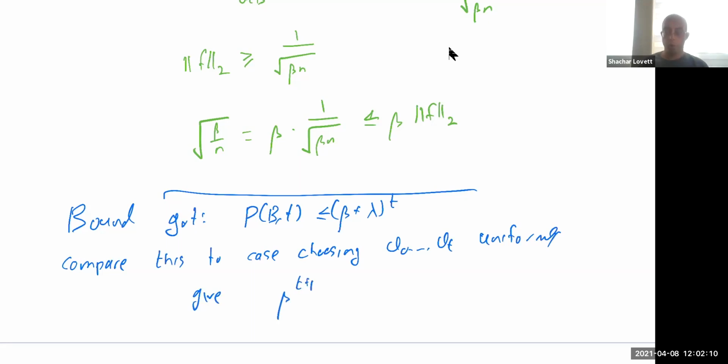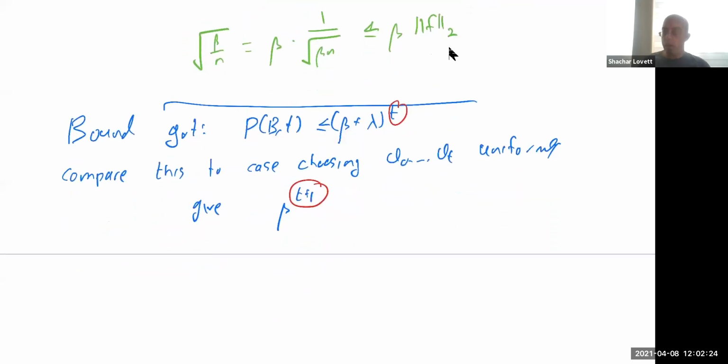So I want to now talk about two aspects here. One is t versus t plus 1. We make t steps where we see t plus 1 nodes. Why should we get something to the power t and not to the power t plus 1? Well, the answer is just because our analysis was not too tight. So there is a way of refining it.